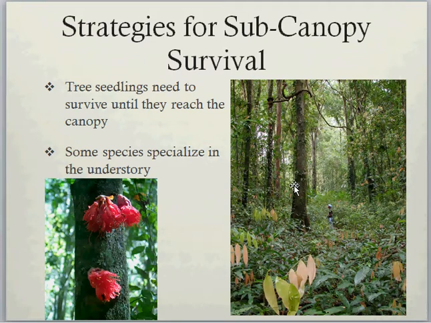So these are all mora tree seedlings. So this big tree has spread its seeds on the forest floor, and all of these mora seedlings have grown up as a result. So these seedlings need to survive a low light sub-canopy environment until they grow tall enough, like Mummy there, and get their leaves up into the canopy.